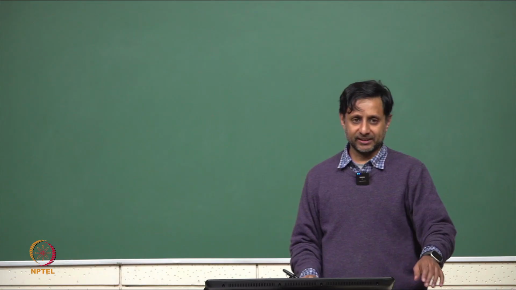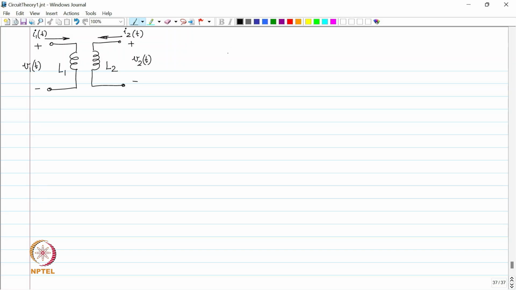In the time domain, I know very well what V 1 of t is: L 1 times d I 1 of t upon d t, and we also know that V 2 of t is L 2 times d I 2 of t upon d t.